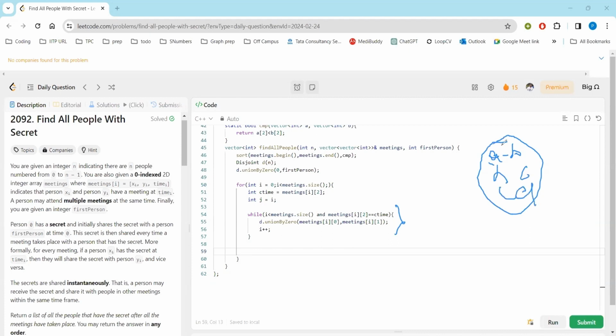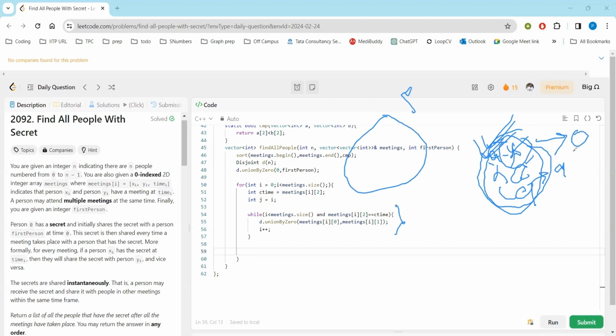In that case, we might have updated the ultimate source of B to A, C to A, and D to A. And there is no meeting between this person and a person who knows the secret. That means we have wrongly updated this. So, if that is the case, that means the ultimate source of parent will not be 0. If that is so, then we will revert back this ultimate parent of this person.